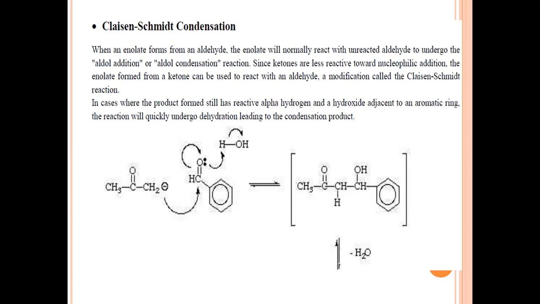Now, in this case, this is the enolate ion of a ketone molecule, that is acetone. This enolate ion will react with a benzaldehyde molecule. So first of all, they undergo dehydration to form the condensation product. This type of condensation is known as Claisen-Schmidt condensation.